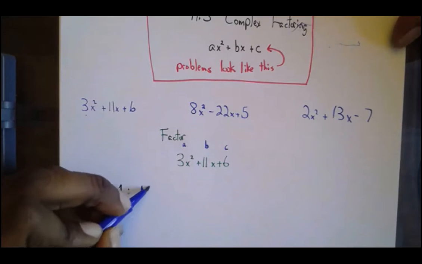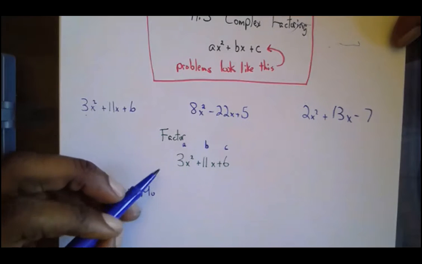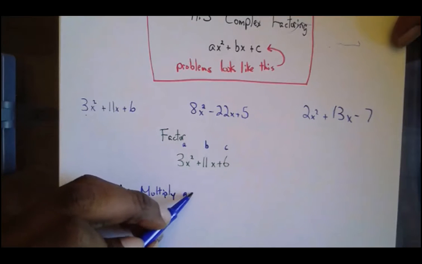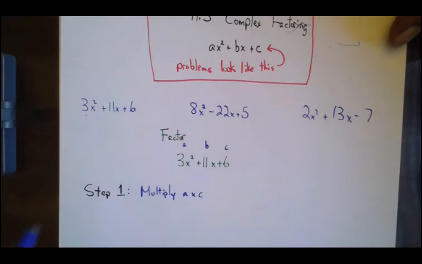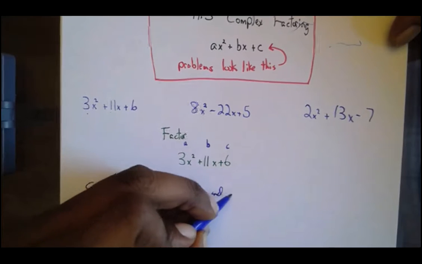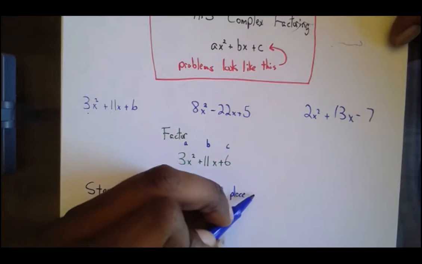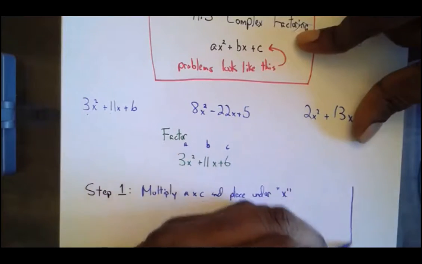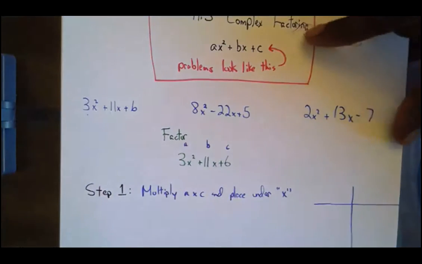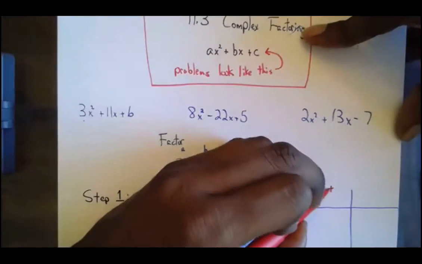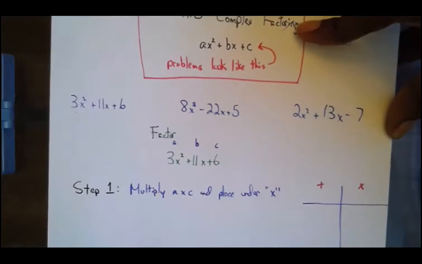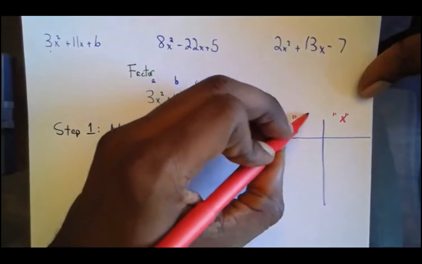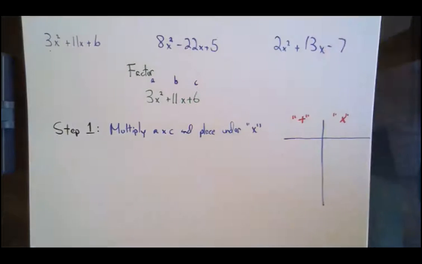Step 1, multiply A and C and place under the x. Why am I saying that? Because you still have a chart, you still have a plus, and you still have an x. Those are just quotes. Quotations.